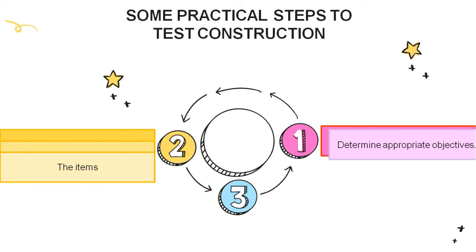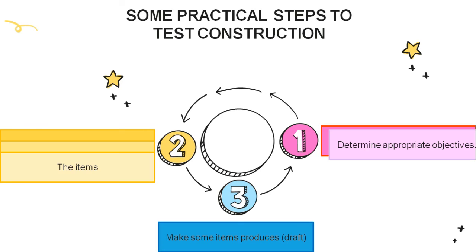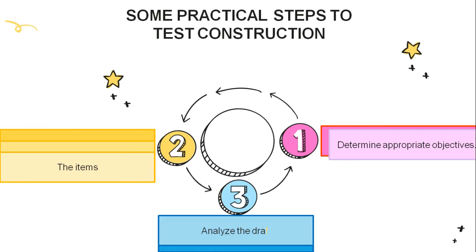After determining the objectives and making the test specifications, the next step is devising test tasks. So you have already made a draft of your tasks, and then you need to ask these 8 questions to analyze the draft.